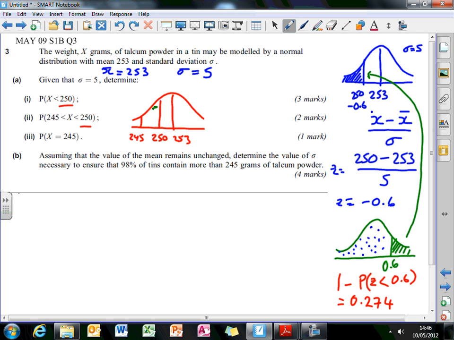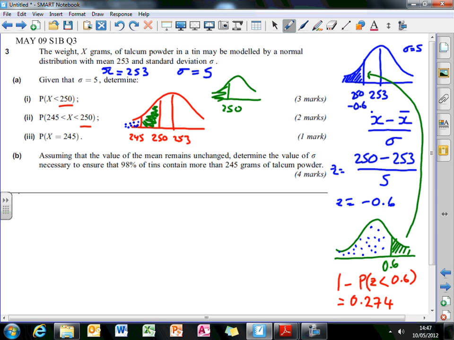So I'm looking for this area here. Okay. So I've just looked up what it would be if it was less than 250. So all I need to do is take this bit here off my answer to part I.